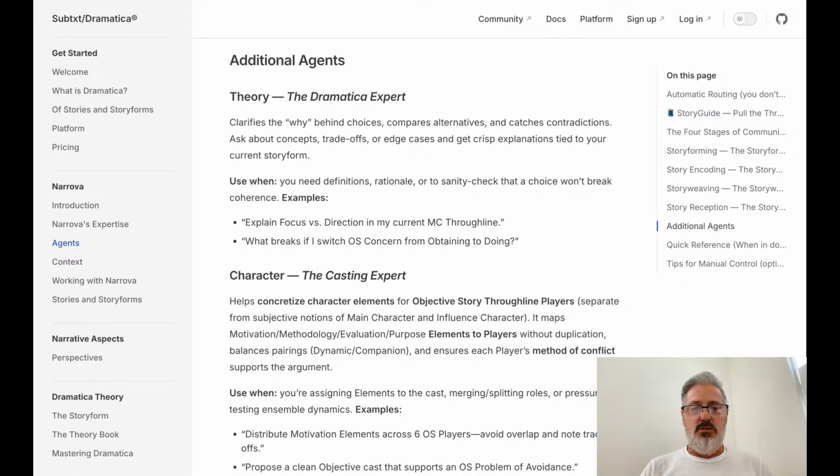Sometimes foundational models, because they use everything that they've read off the internet or whatever, their knowledge of Dramatica theory might not be 100%, and you might not be getting quite the right answers, particularly if you try and story form in some other foundational model. So this one here is just about the theory.